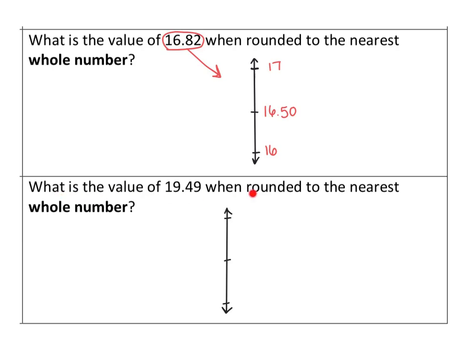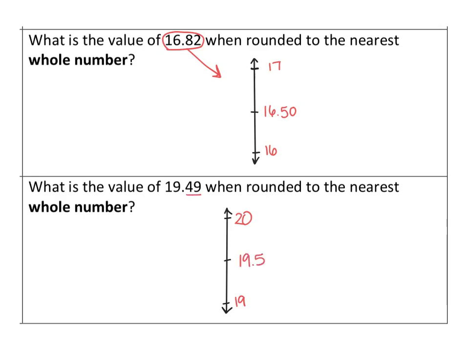Now on this problem, what is the value of 19 and 49 hundredths when rounded to the nearest whole number? So 19 is our whole number, so we will round either down to 19. One more than 19 is 20. What's between 19 and 20? 19 and a half.